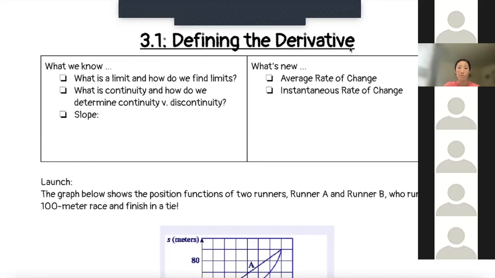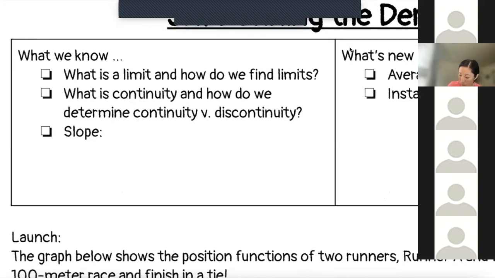And so I really want us to be thoughtful as we start to learn different strategies later on this week and next week. We're going to learn so many, it's going to be so important for us to always be thinking, how do I know that I should use this strategy, okay? And so we've talked about what a limit is and how we find them. We've talked about a lot of different strategies.